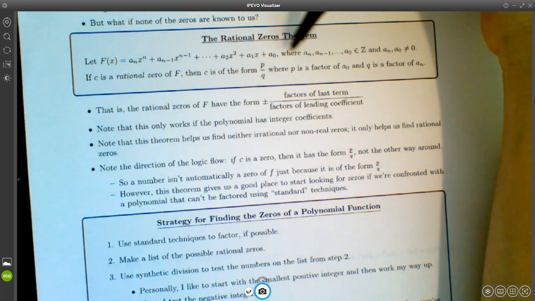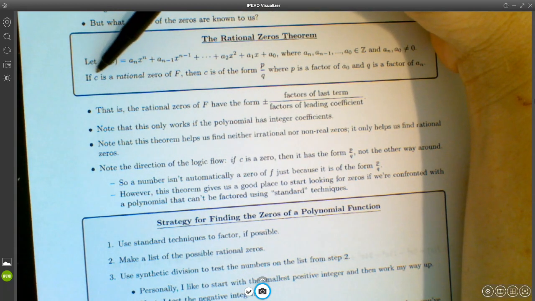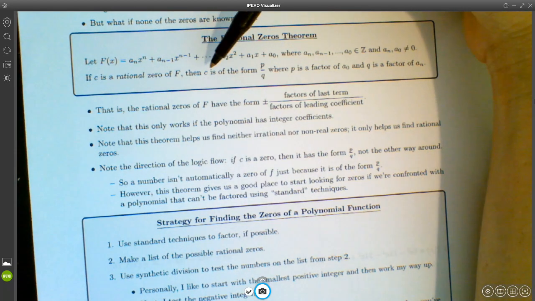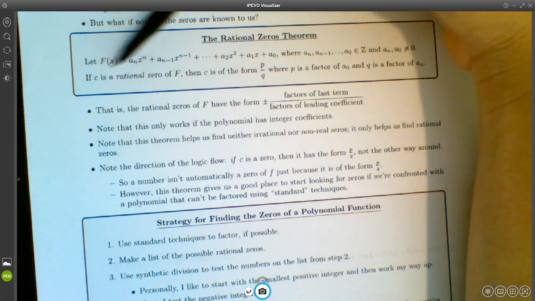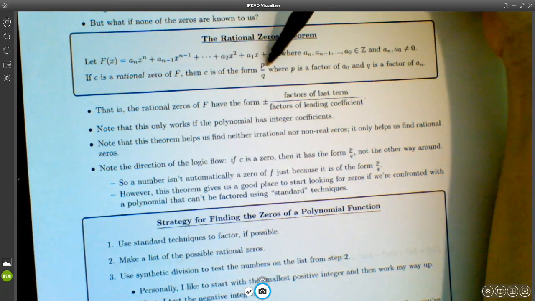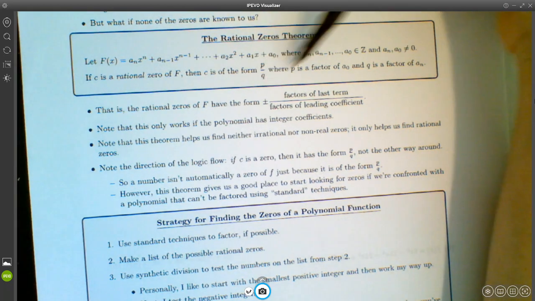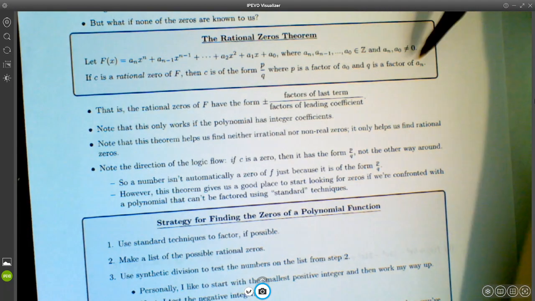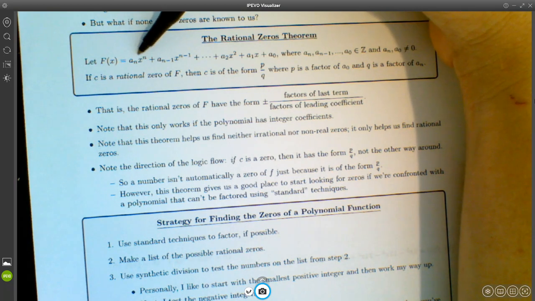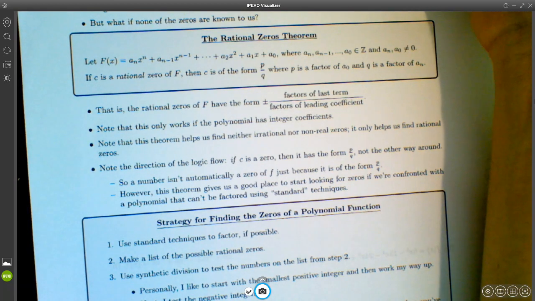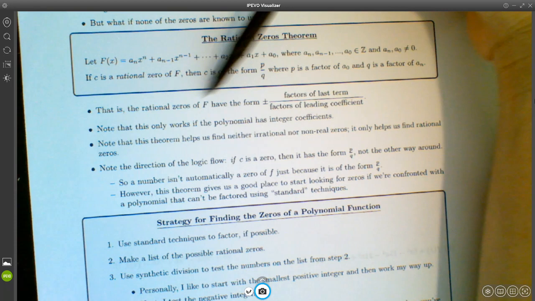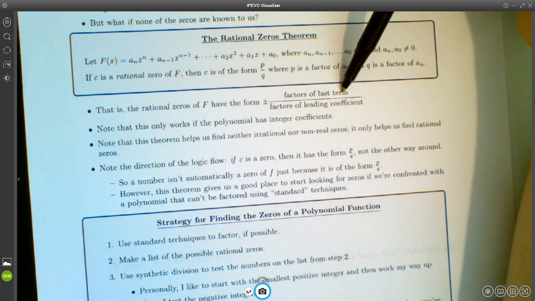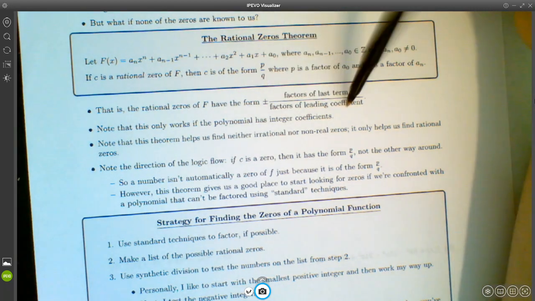So if this is the case, then if c is a rational zero of f, then c is of the form p over q, where p is a factor of the last term and q is a factor of the leading coefficient. Okay? So in other words, the rational zeros of f have the form plus or minus factors of the last term divided by factors of the leading coefficient.